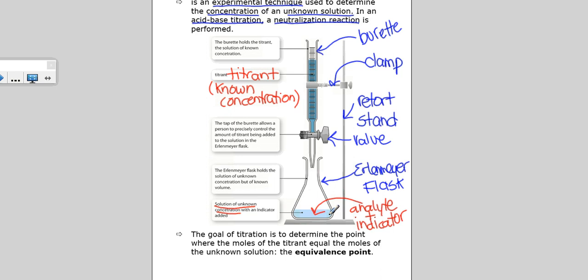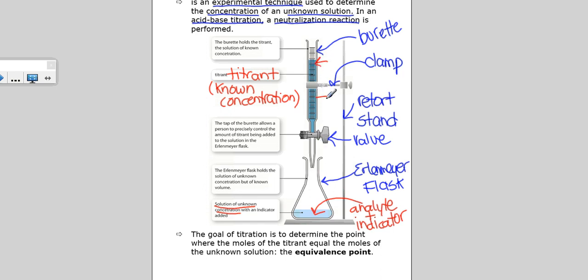And then what happens is you essentially let some of this solution come out at different rates while mixing the flask. And once your solution inside your flask turns to a particular color, it signals that your neutralization reaction is done. You shut off the valve and you can take measurements along your burette of how much actually came out.